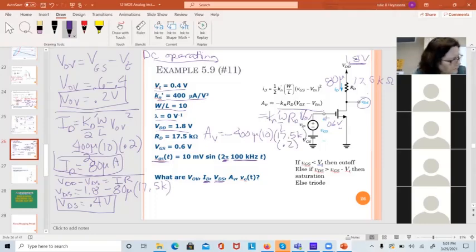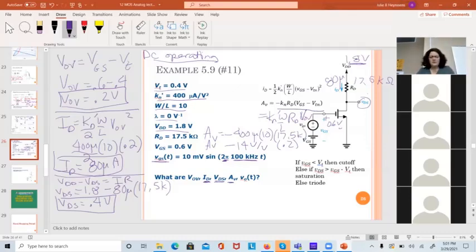So I plug those numbers in, and this is number 11. And I get, what is the voltage gain? It is negative 14, I believe, volts per volt. So we've got the voltage gain.